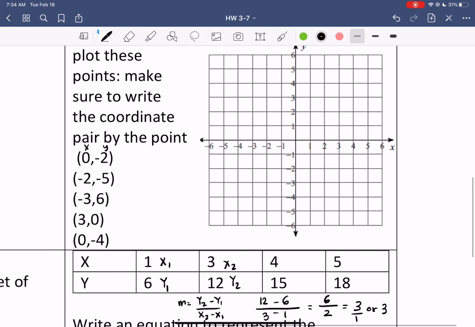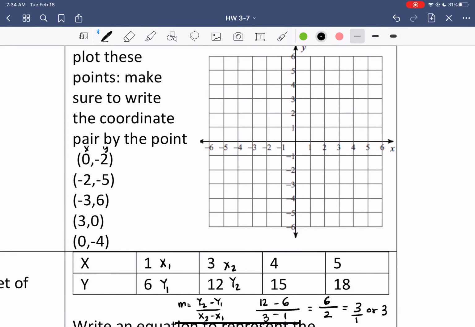Since we don't only have 6, I'm going to change the scale of these: 2, 4, 6, 8, 10, and 12. I'm going to keep this as 1, 2, 3, 4, 5, 6. And I'm going to plot these points. So (1, 6), I'm going to go 1 over, up 6, and then (3, 12), 1, 2, 3 over, up 12, and then I can find it. We've already found the slope, so we know that our slope is 3 over 1.